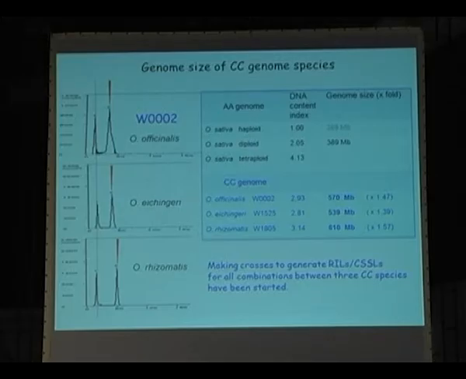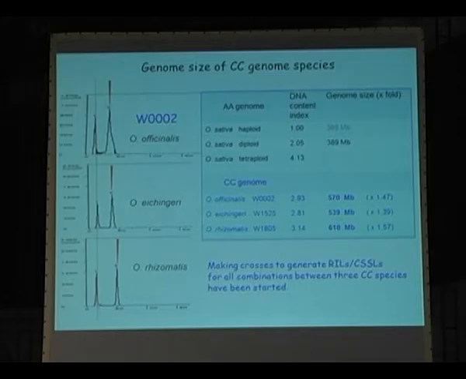As you can see here, Oryza officinalis has about 50% larger genome size than Oryza sativa, that is 570 megabases. Eichingeri shows a little smaller genome size, but about 40% larger than sativa.